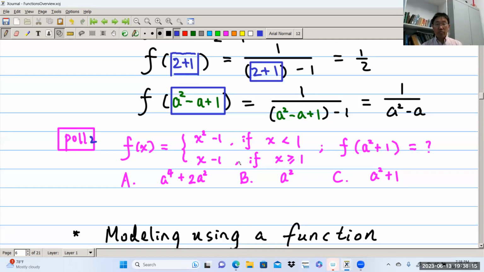F of x is defined in a piecewise manner. F of x equals x squared minus 1 if x is less than 1. F of x is equal to x minus 1 if x is greater than or equal to 1. What is f of a squared plus 1? So now the input to this machine is this expression, a squared plus 1. How are you going to evaluate this function? 30 seconds, okay?